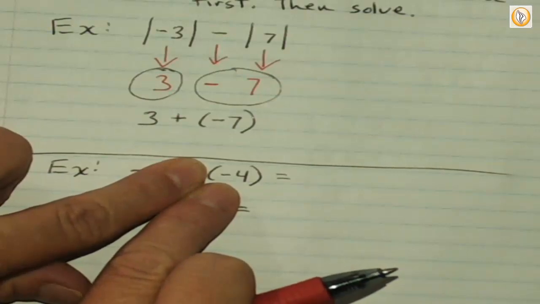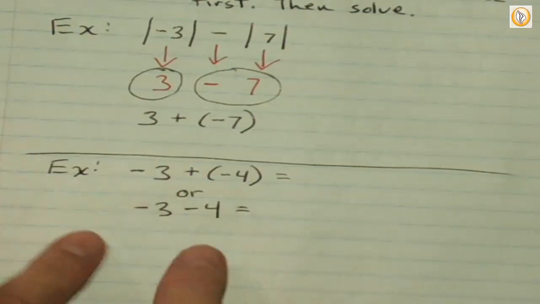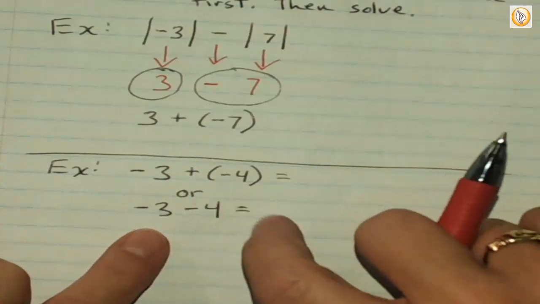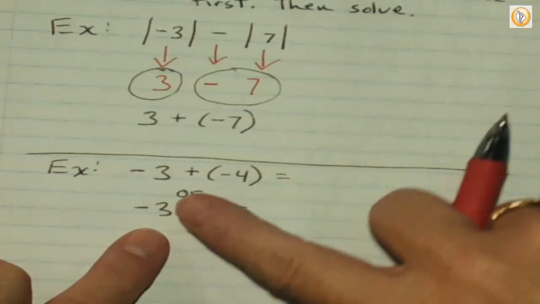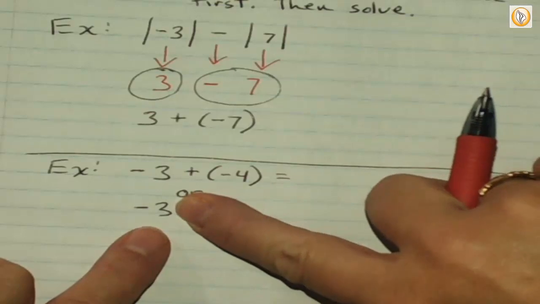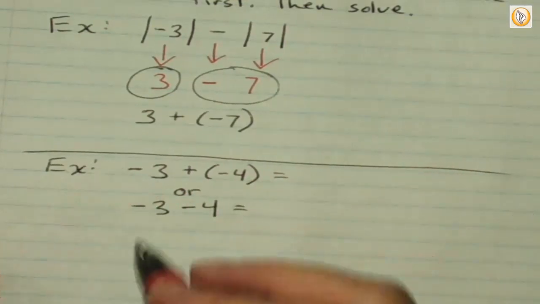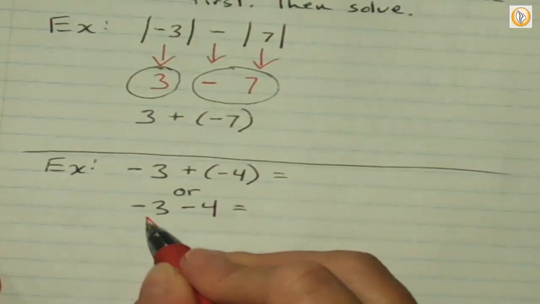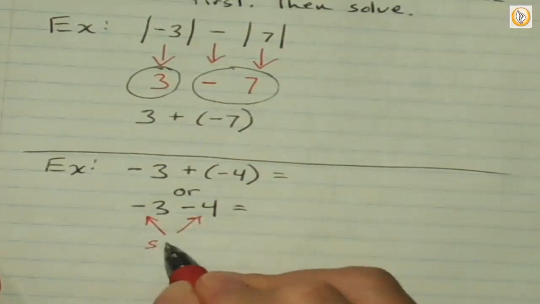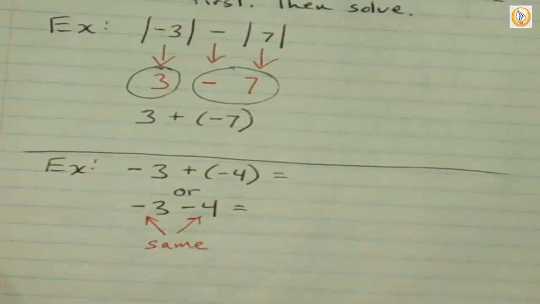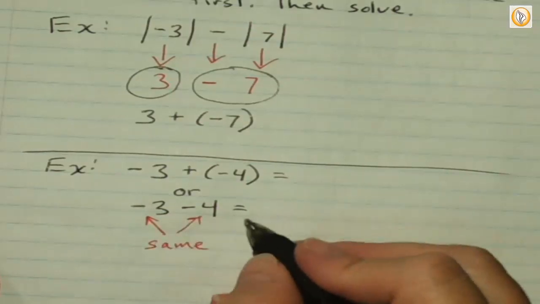So we combine a negative 4 and a negative 3. Now everyone look up here. What sign is that 3? Negative. What sign is that 4? Negative. We solve it the exact same way. They're the same sign, so we add and keep the sign.